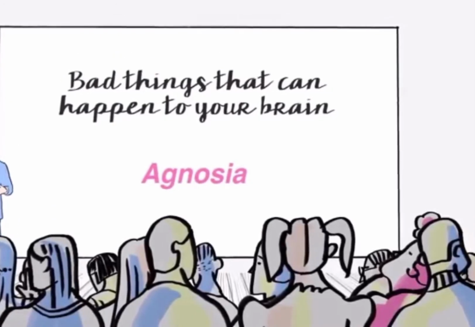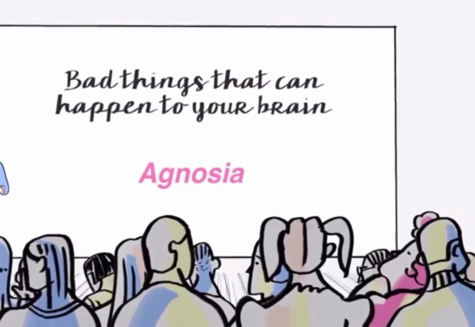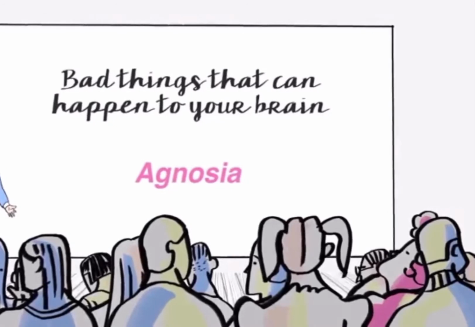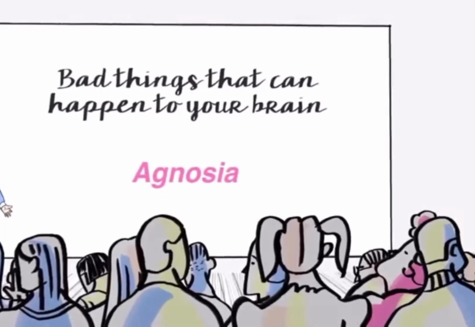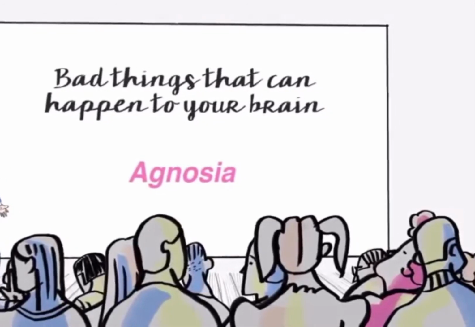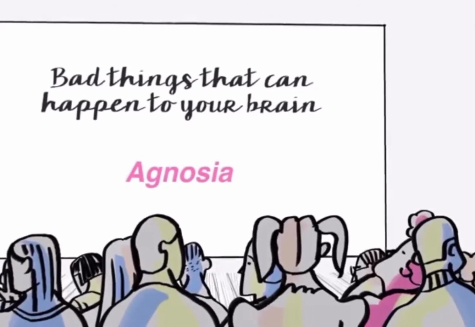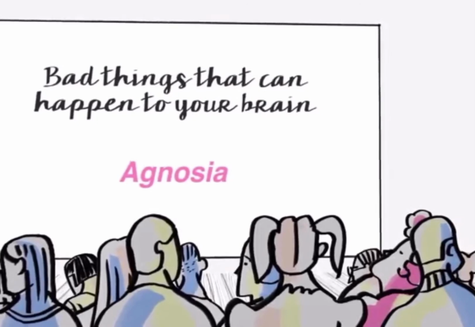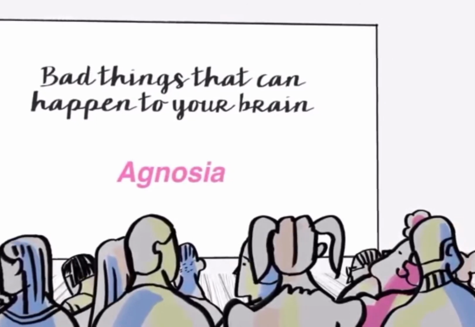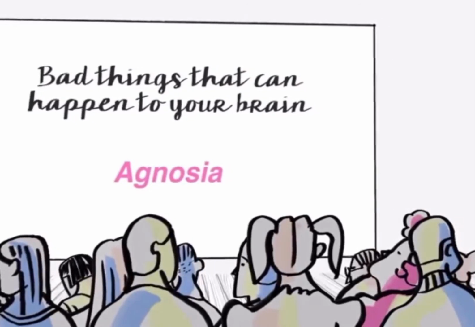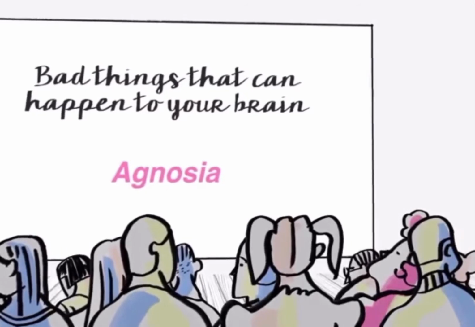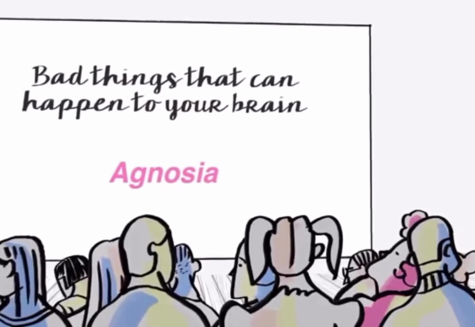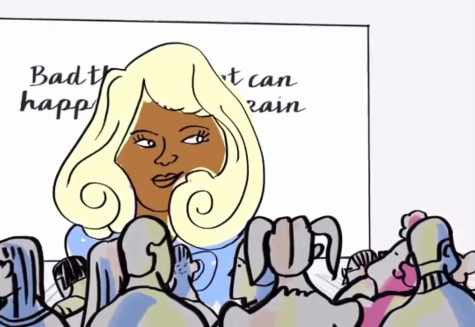We can talk about some specific things that go wrong with brain damage. For instance, apraxia is a problem of action, being unable to perform actions like waving goodbye or picking up food.